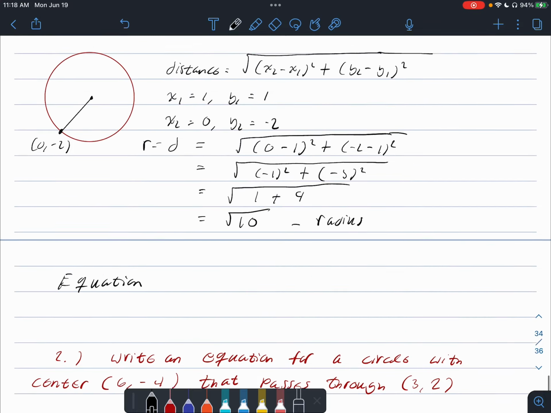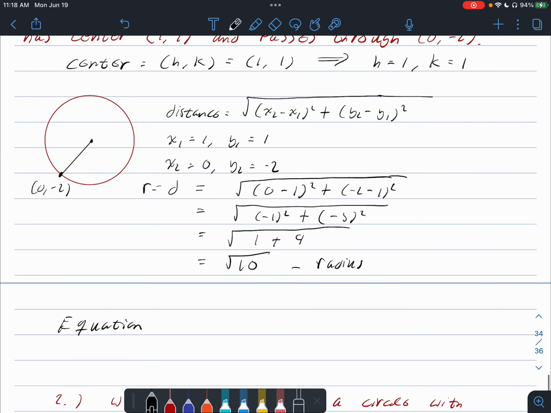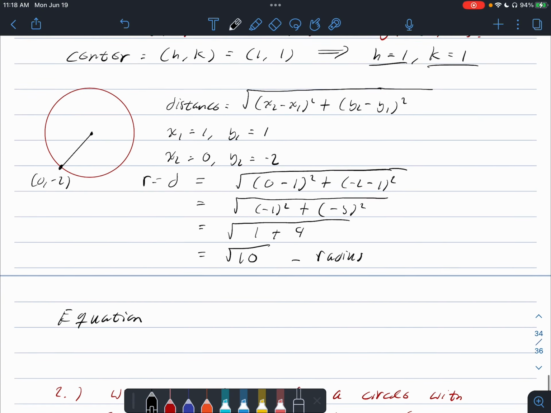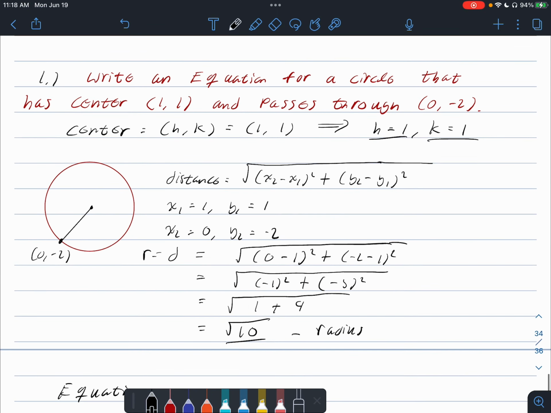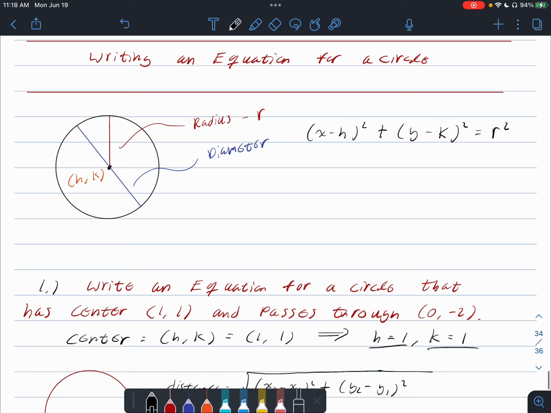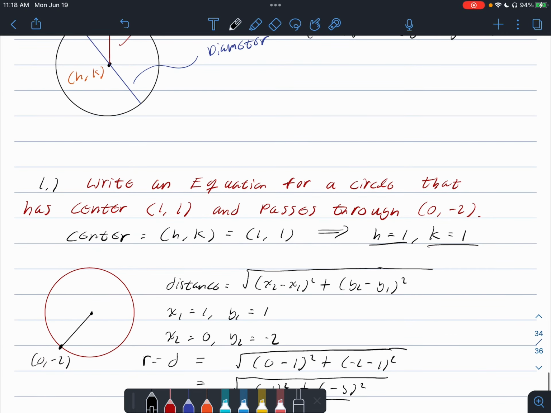So we know that h is 1, we have k is 1, and we also have r is the square root of 10. So now we can take the equation for our circle, which we decided up here was (x - h)^2 + (y - k)^2 = r^2.